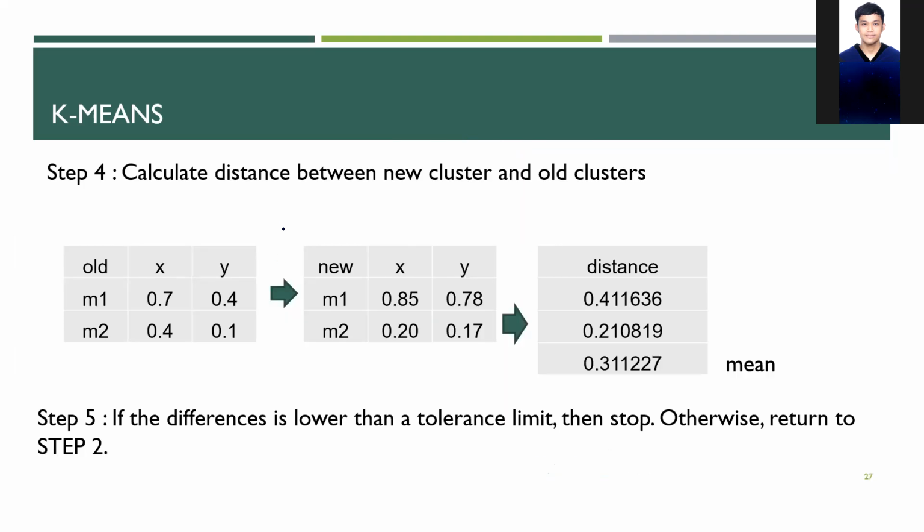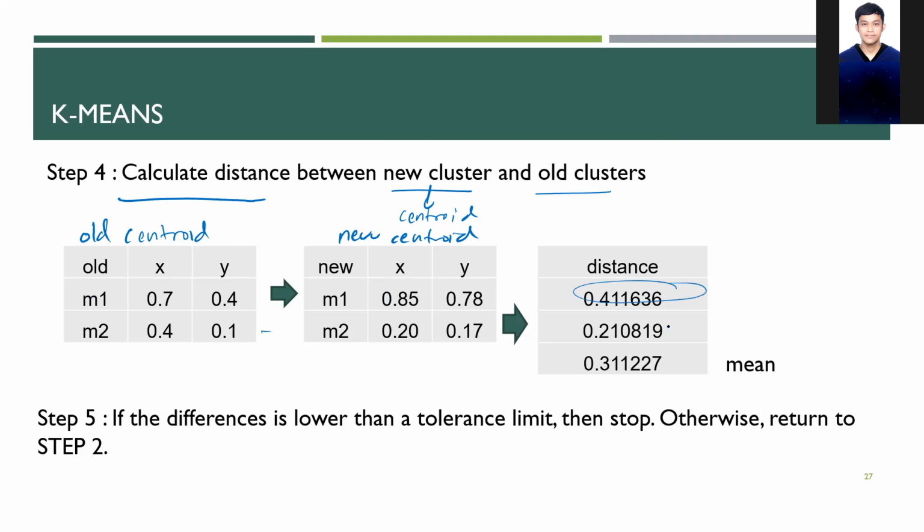Then, before we decide whether to stop or not, we have to calculate the distance between the new cluster and the old cluster. Of course, in k-means, if we talk about a cluster, it always refers to the centroid. So this is the old centroid, and this is the old centroid. This is the new centroid. Here we calculate the distance, for example, between old centroid 1 and new centroid 1. The distance is this.